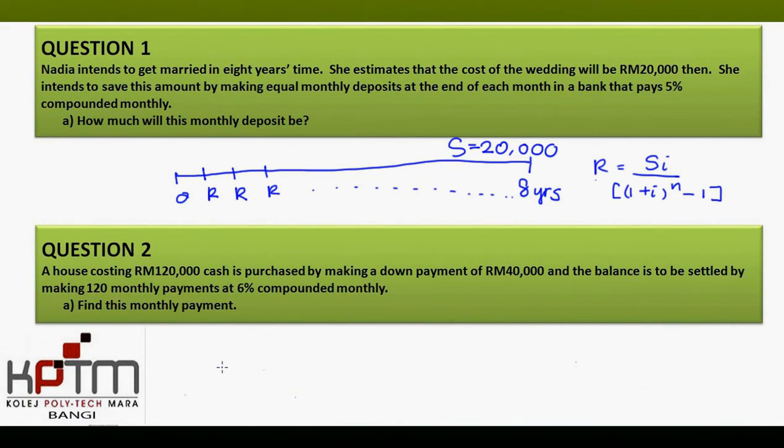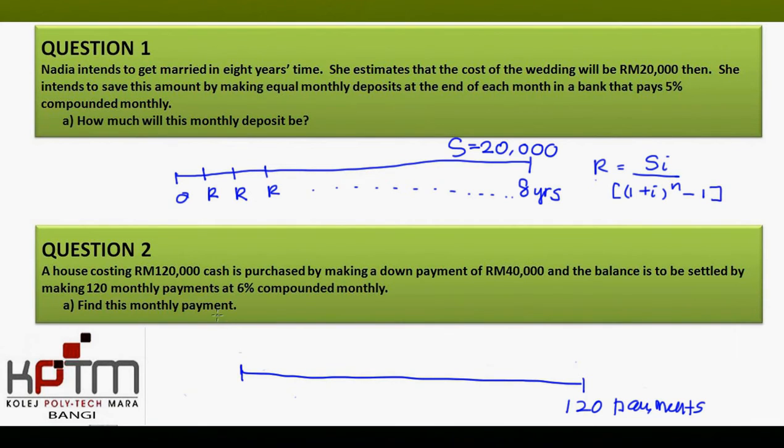Now we look at question number 2. A house costing 120,000 cash is purchased by making a down payment of 40,000 ringgit, and the balance is to be settled by making 120 monthly payments. The duration is 120 payments. In order to buy the house, we need to make a loan.